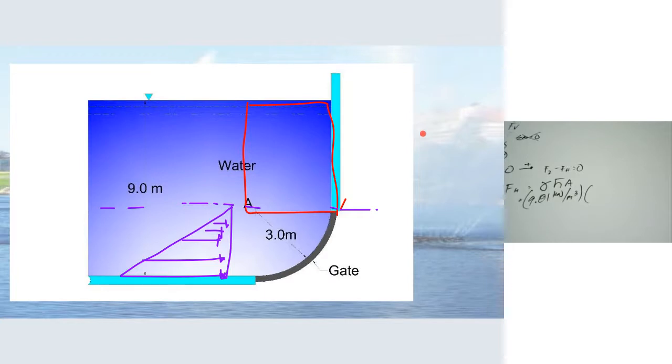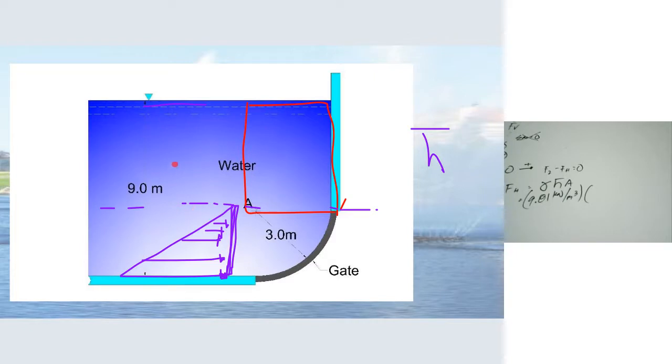Now from the definition of h bar, it's the center height from the surface up to the center of the surface. Okay, so we consider this to be flat. Okay, in determining F sub h.